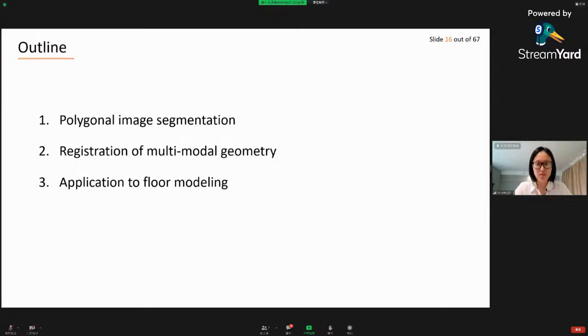The rest of my presentation consists of three parts. First, I will introduce the algorithm for polygonal image segmentation. In the second part, I'll present another algorithm for the task of 3D registration of multimodal geometry. The last part demonstrates a potential application of the two previous algorithms by combining them into the pipeline for generating a compact floor model.